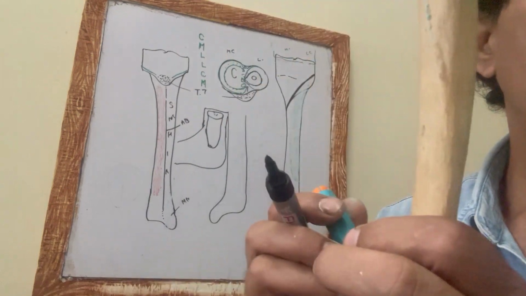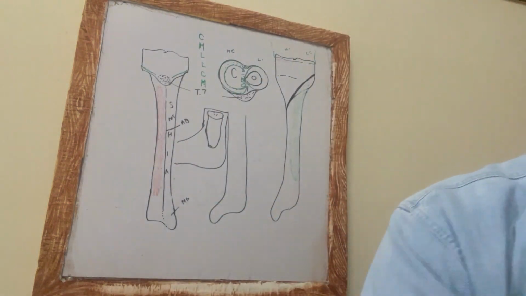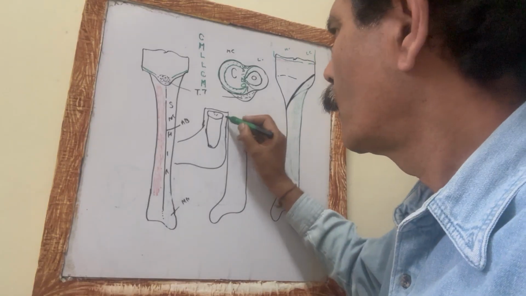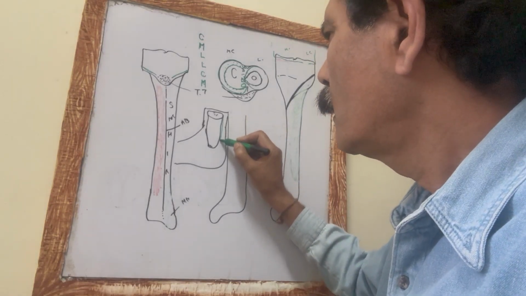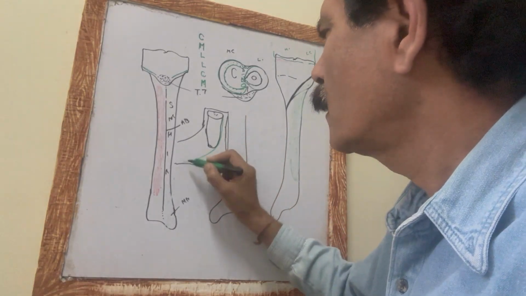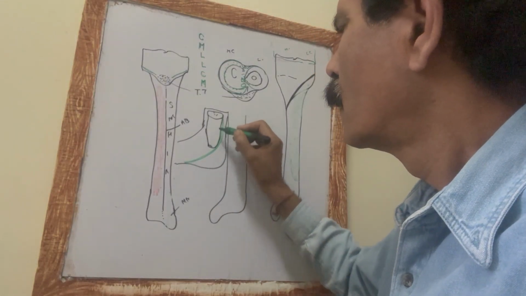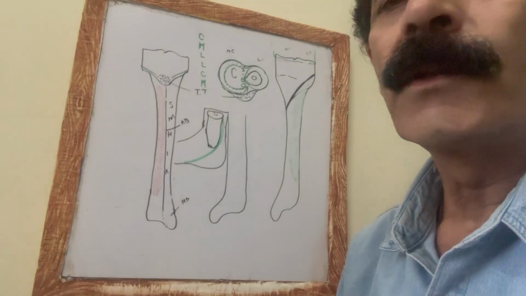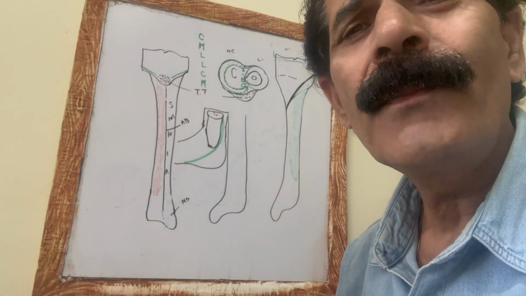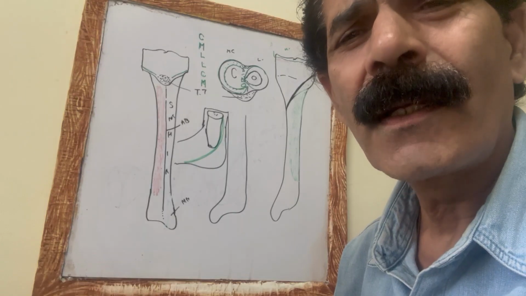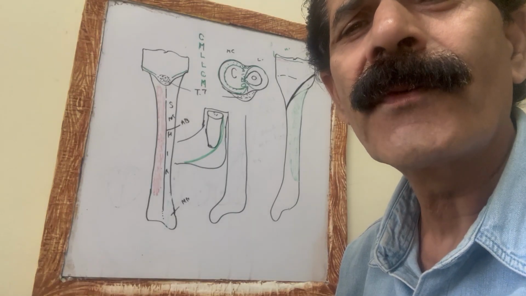Out of the 5, the first structure which enters from the posterior compartment of the leg behind the medial malleolus is the tendon of the tibialis posterior. Tibialis posterior is inserted on all tarsal bones except the talus, because it is the powerful inverter of the foot.